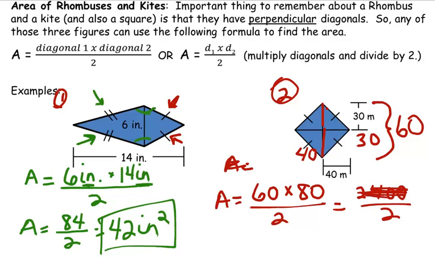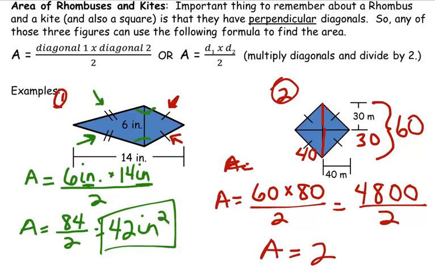I already divided by 2, didn't I? Let's just go back. 4,800, sorry about that, divided by 2, and so my area is 2,400. And again, meters squared. Don't forget to put your units on these things.